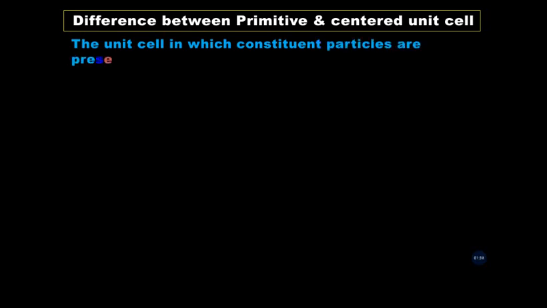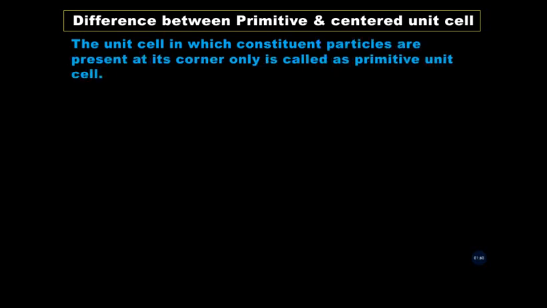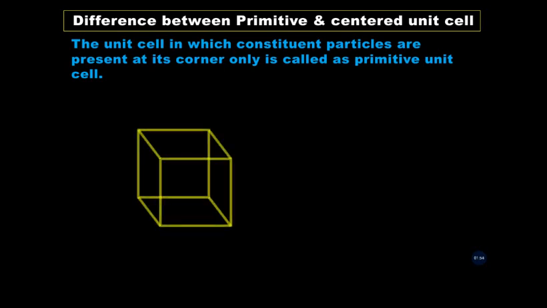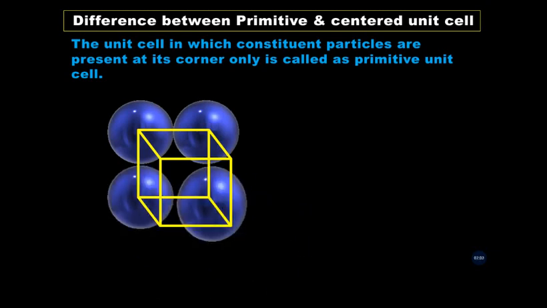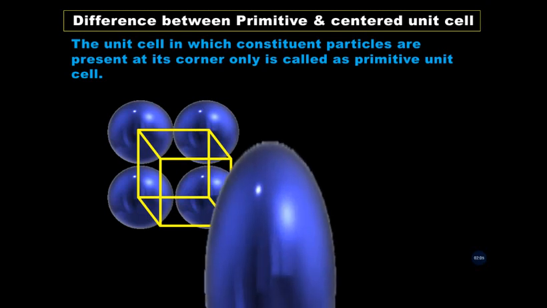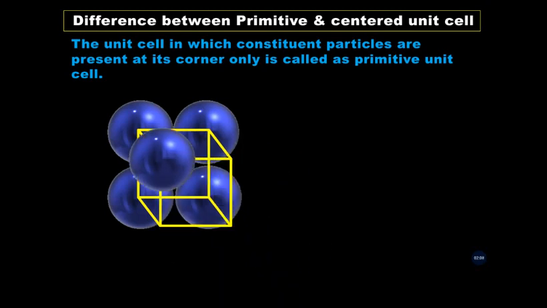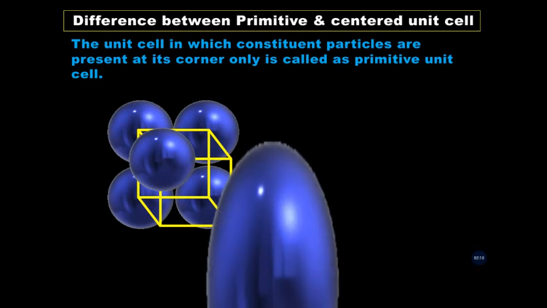Primitive cell: the unit cell in which the constituent particles are present at its corner only is called the primitive unit cell. All unit cells are not primitive cells, because lattice points are present either in the center of the body or in the center of any face of the unit cell along with the corners.